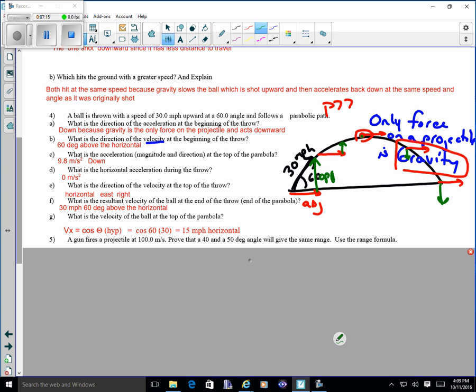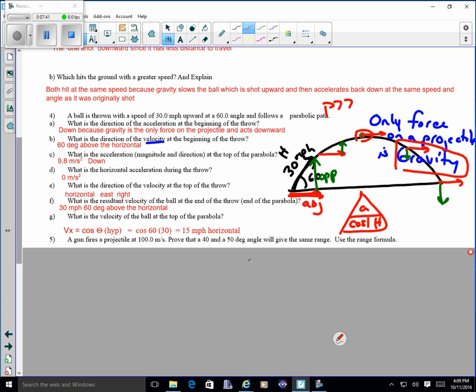So cosine equals adjacent over hypotenuse. If you cover up the A to find this adjacent side right here, that adjacent side is cosine of the angle times the hypotenuse, so cosine of 60 times 30, which gives you 15 miles an hour. So since there's no horizontal acceleration, this is always 15 miles an hour along the whole trip. It's 15 here, 15 here, it's 15 going sideways all the time.